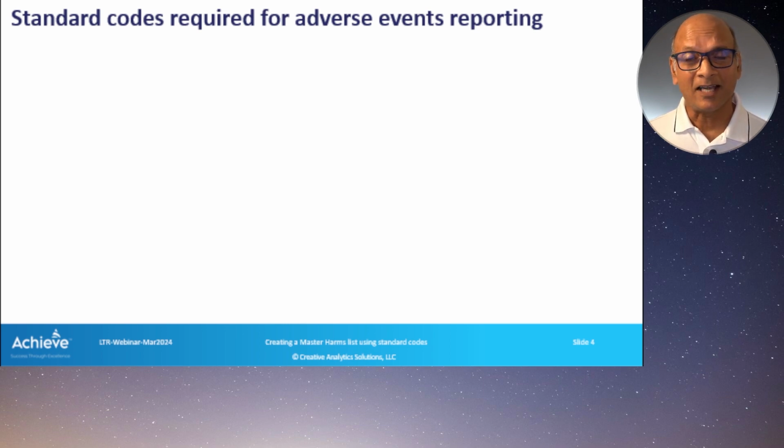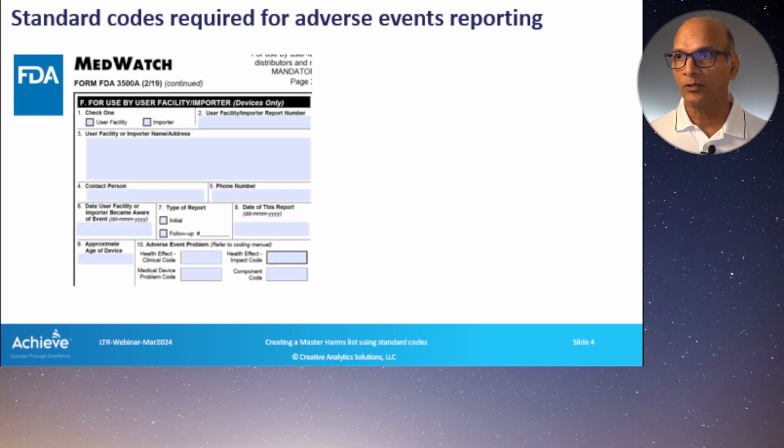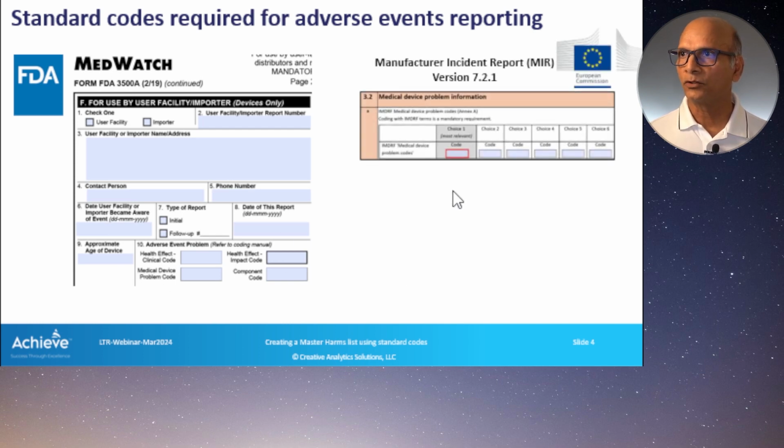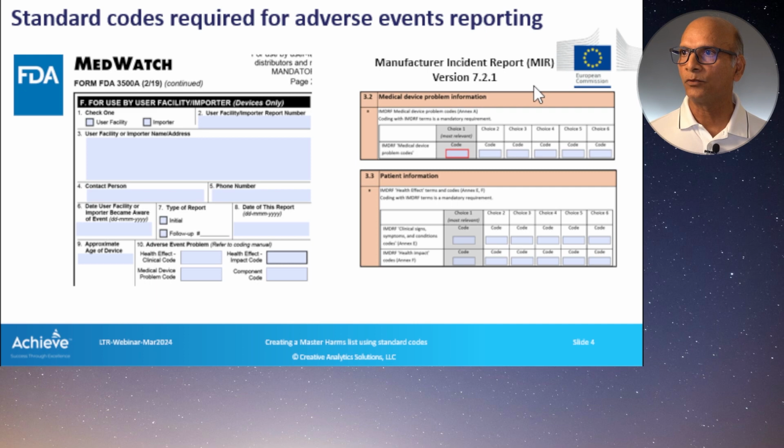As it stands today, we know that at least the FDA and regulatory bodies in Europe require use of standardized codes in adverse events reporting. In the FDA, you have the Form 3500, which actually has fields where you have to put standard FDA codes. And in Europe, you have the manufacturer incident report, MIR, where again, you have to put IMDRF codes. So we're going to talk a lot more about these codes today.